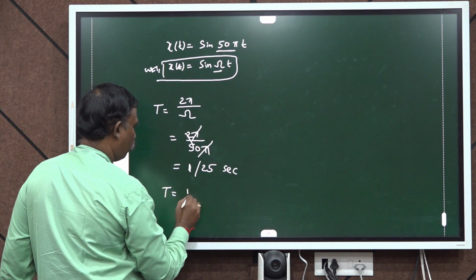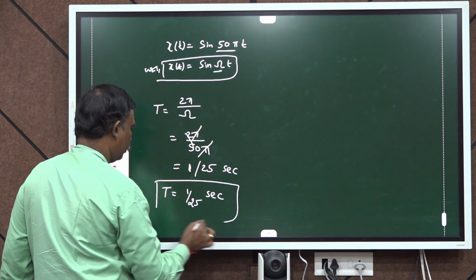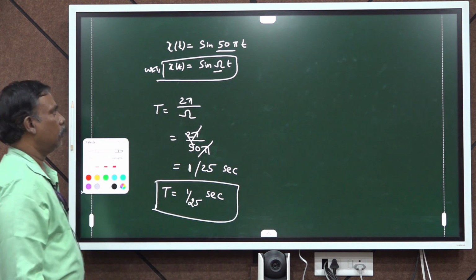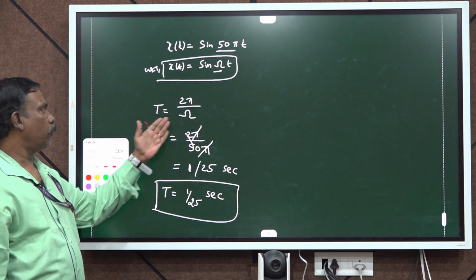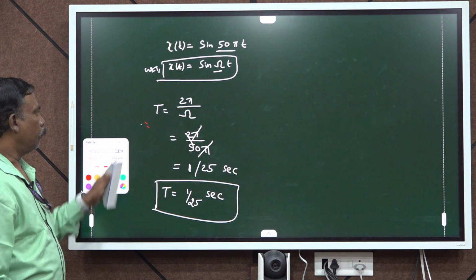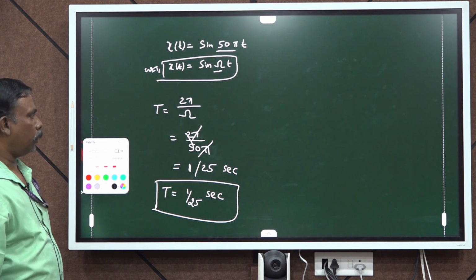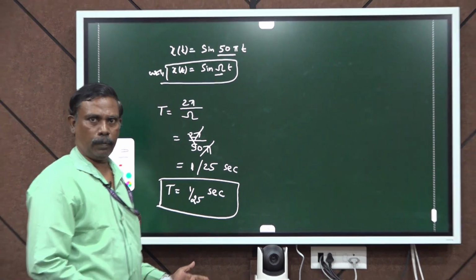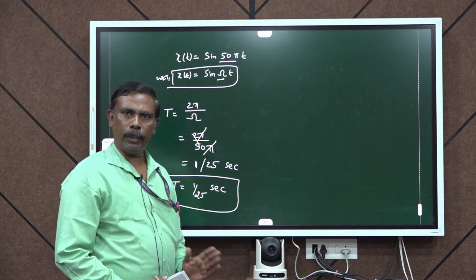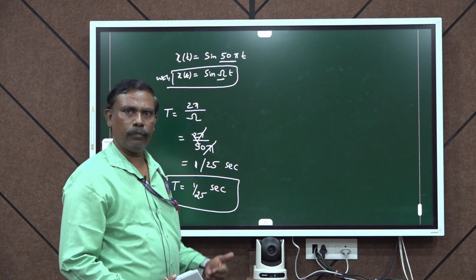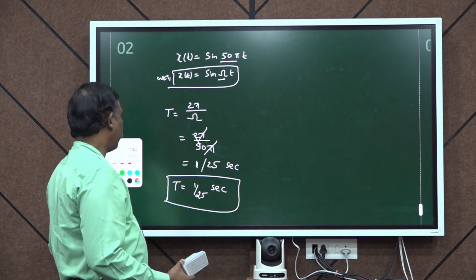The fundamental period is equal to 1 by 25 seconds. Once you know the formula T equals 2 pi by omega, we have easily solved this problem. Next I want to solve the other problems, 2, 3, 4, 5, 6, using the same formula. It is also very easy to understand.